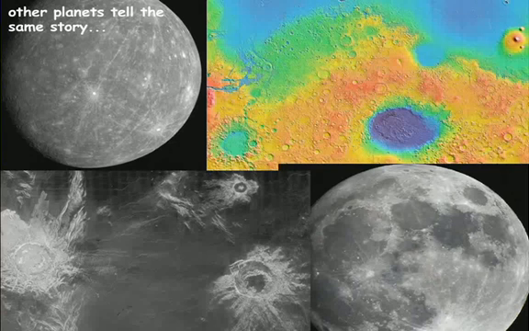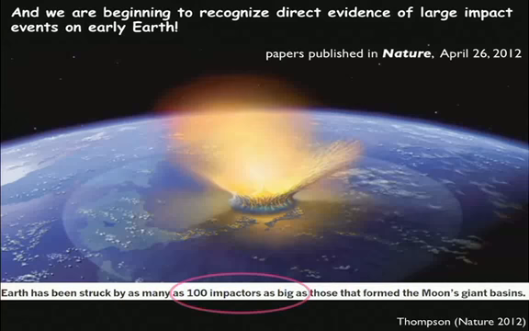But Mercury and the moon is the really great one to look at because the moon was hit by these things, not because it was running around and protecting the Earth, but because those bolides were headed toward the Earth, and the moon happened to be in the way. We actually now are getting evidence that we actually had large bolides even on the Earth during the Archean. There were 2 papers that were published in Nature in 2012.